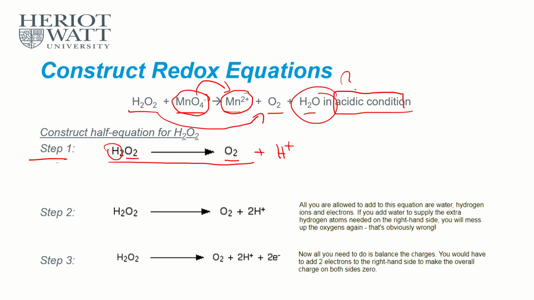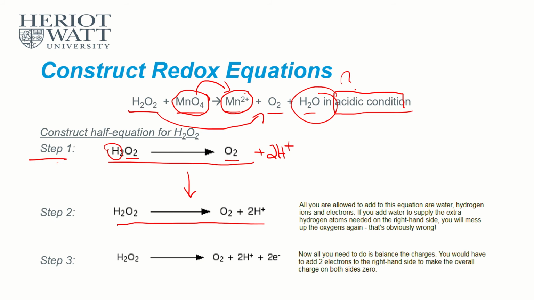Acidic condition means you have a lot of H plus, acid. So I add H plus on the other side in order to balance it. How many hydrogens on the left? 2. So I need to put 2 H plus here. There you go, you get the second step. Now double check. Do I balance everything? 2 hydrogen on the right, 2 hydrogen on the left, 2 oxygen, 2 oxygen.